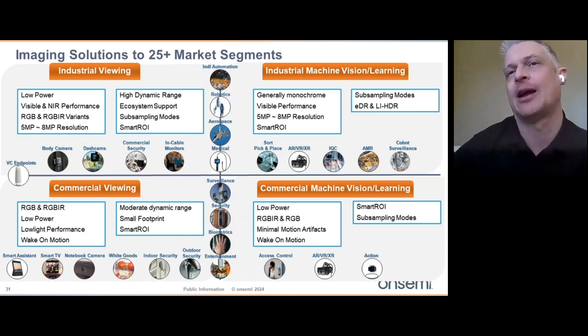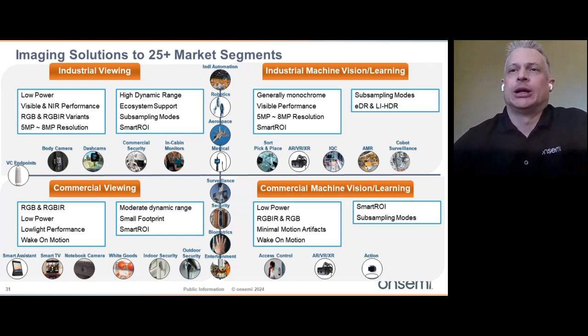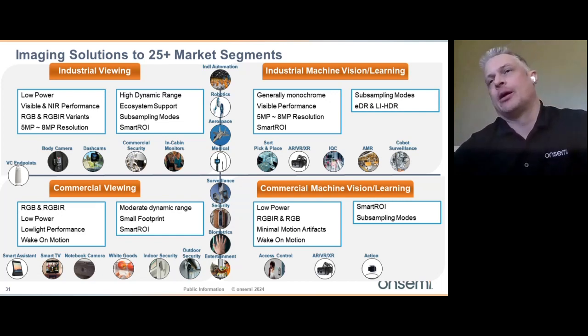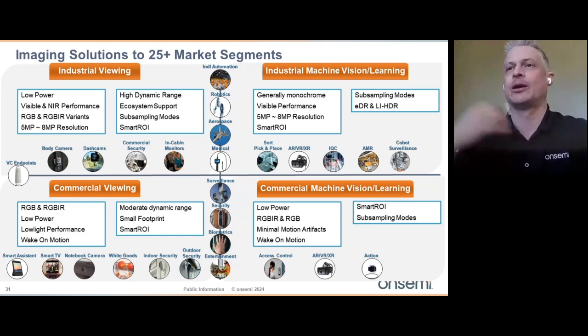There are a lot of different applications and verticals that are emerging here. So industrial and commercial, we break it up into viewing segments, we break it up into machine learning segments. The industrial segments are going to be more of the higher-end type cameras, ruggedized.